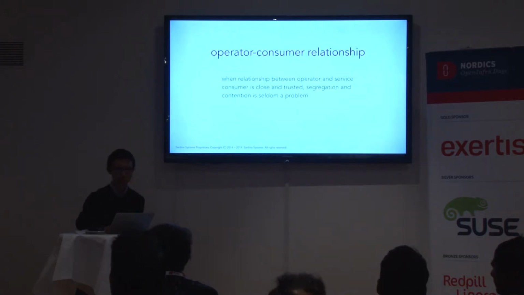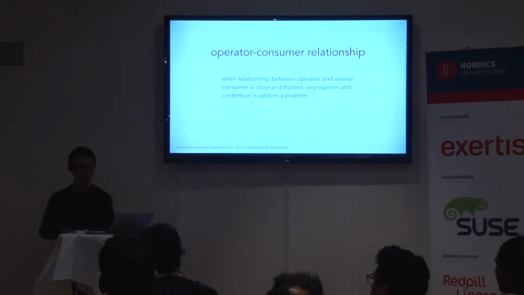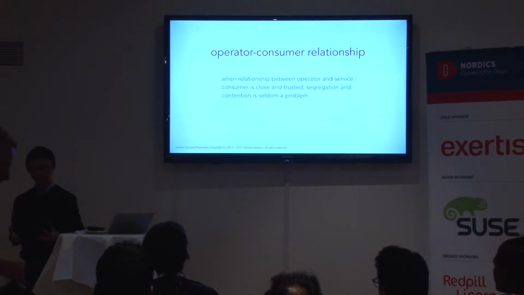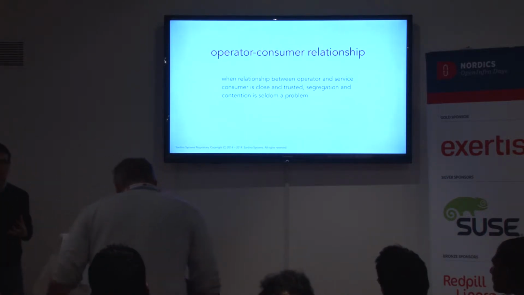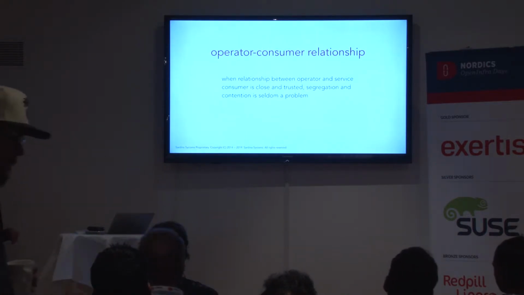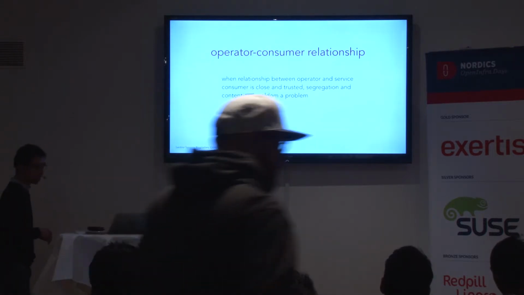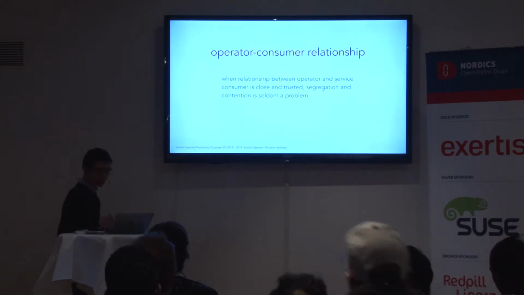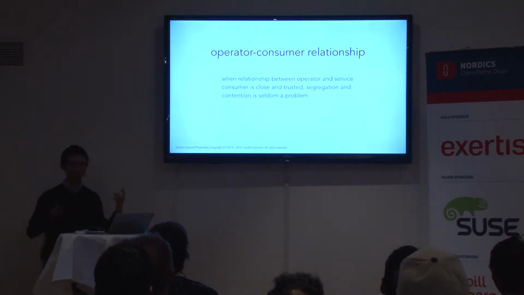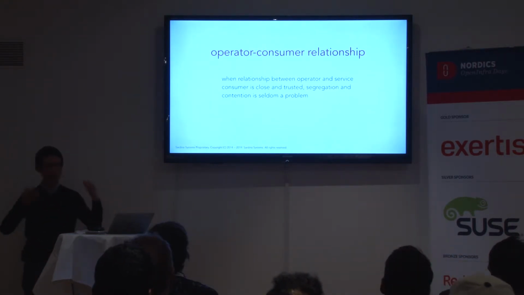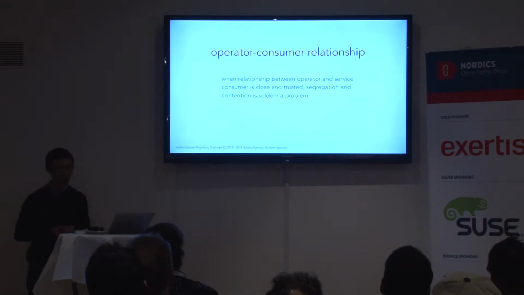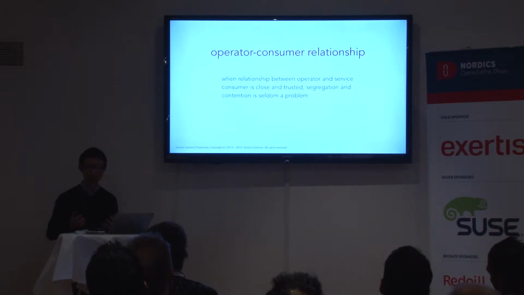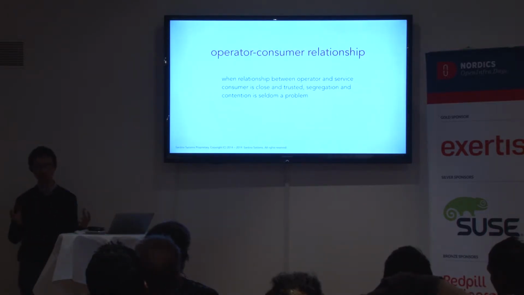So, resource management. Now, within cloud, there is this duality of operator versus the consumer relationship. When the relationship between the operator and the service consumer are close, trusted, they have a tight relationship, then segregation and contention isn't really a problem.